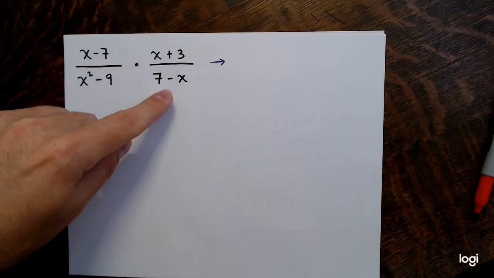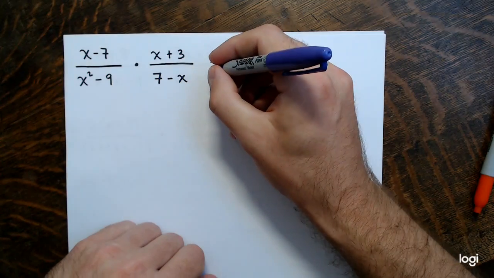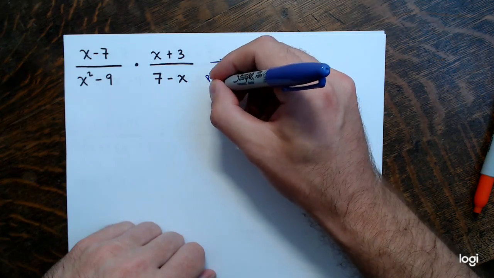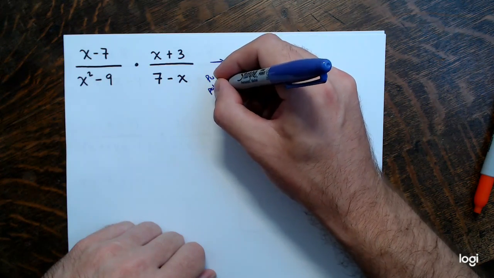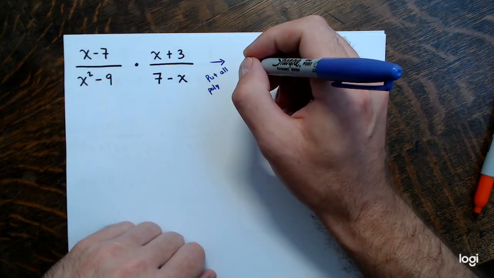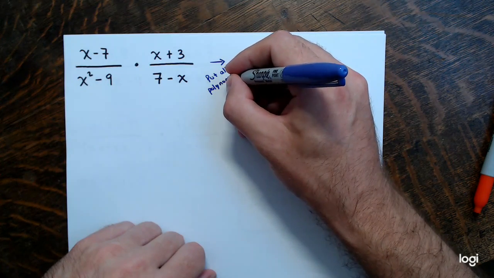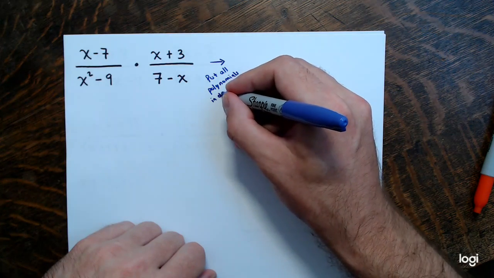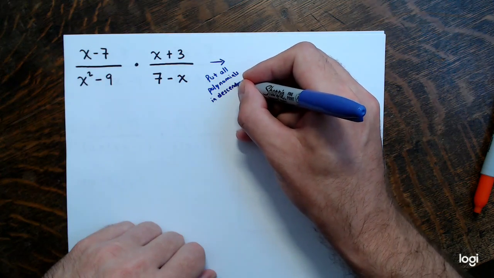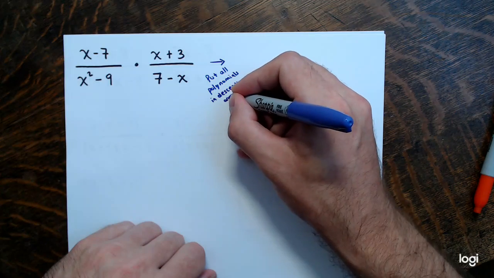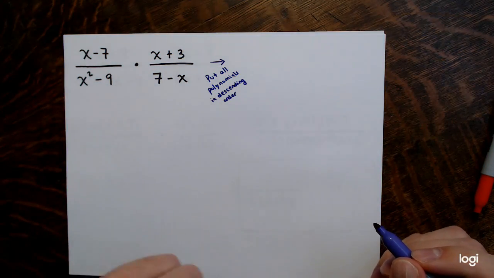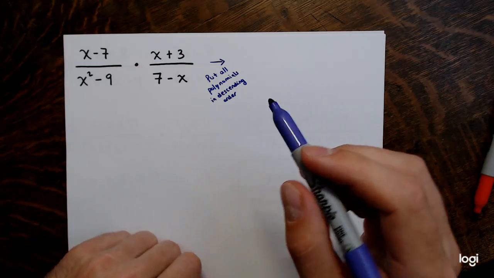So I have a preference where I would like to put this in descending order. You don't have to. It's just a suggestion. I prefer it. Put all polynomials in descending order, meaning put the highest power of the variable first and then keep getting lower and lower power terms after that.